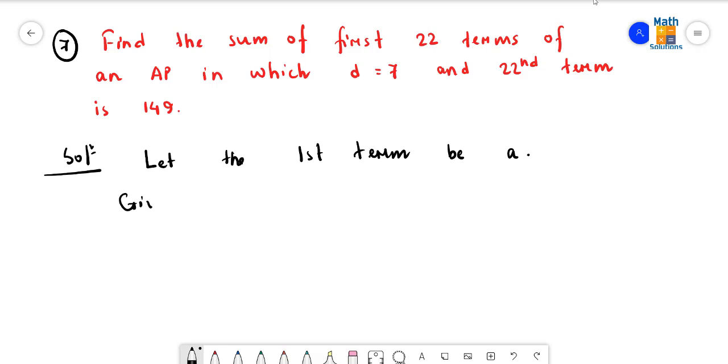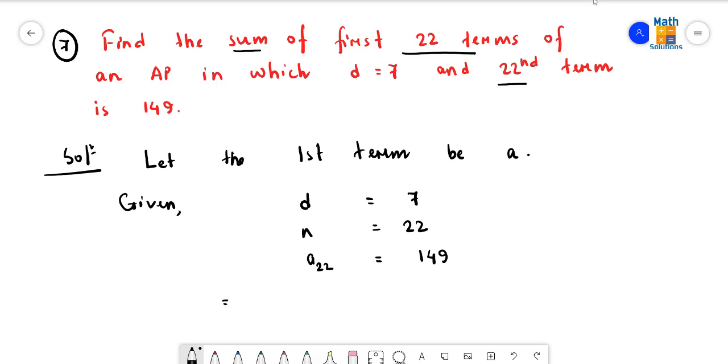Given we have d is equal to 7, then number of terms to be evaluated is 22 terms, n is equal to 22, then a22 we have as 149. So we have to find out the sum. What we don't have here is a.